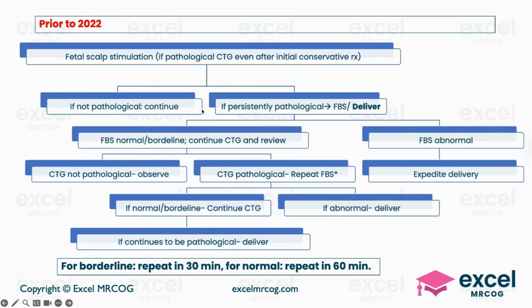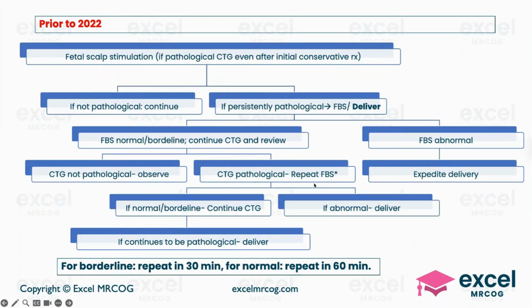But if this CTG is still persistently pathological, so here also the CTG was pathological, you did something, and it's still pathological. You did FBS, the FBS is either normal or borderline, but the CTG remains the same. So now you're still worried, but there wasn't any acidosis.